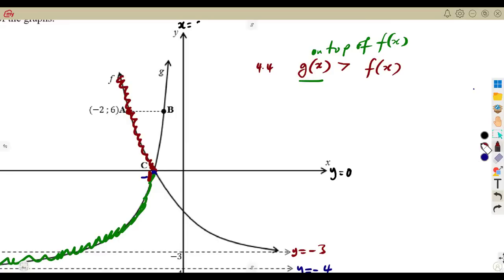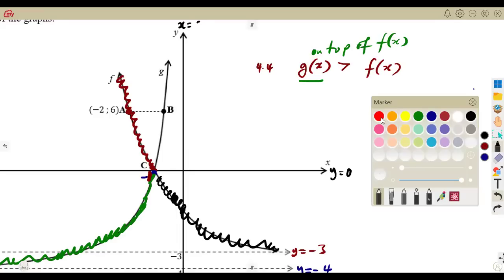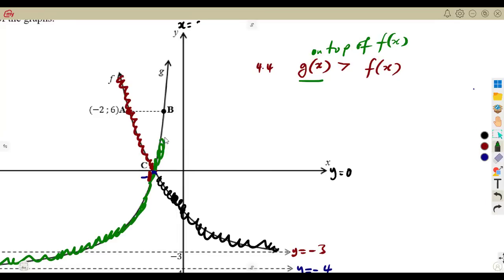But the moment we move from that -1 going to the right side, we can see that this is our gx. Gx is the one that is above, on top. It is the one that we see on top.